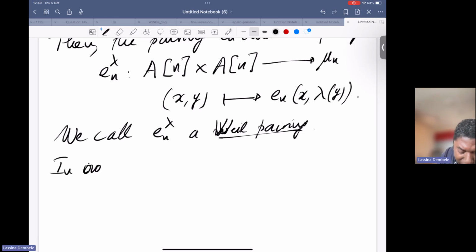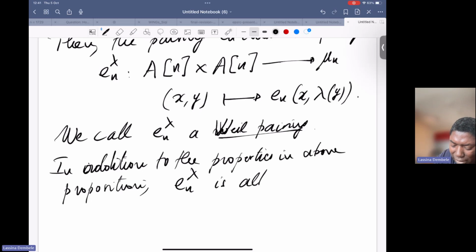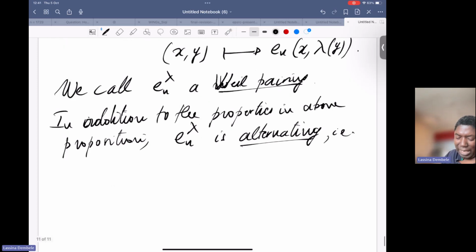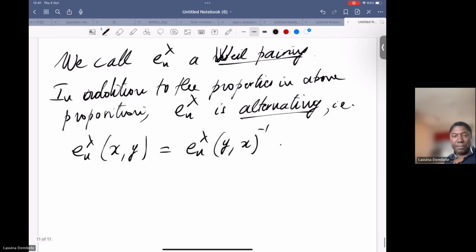So in addition to the properties in the above proposition, e_n lambda is alternating, which in this case means that e_n lambda of (x, y) is equal to e_n lambda of (y, x) inverse.